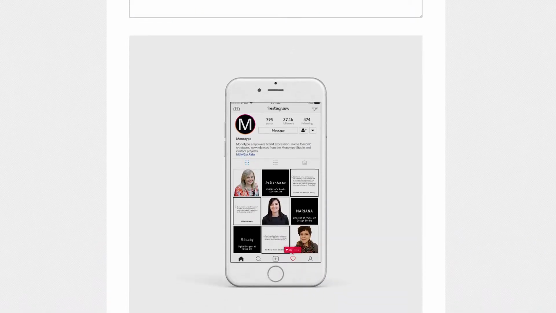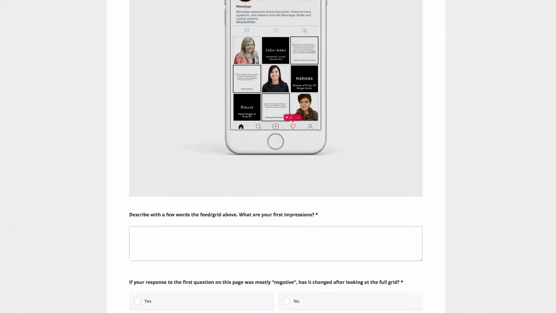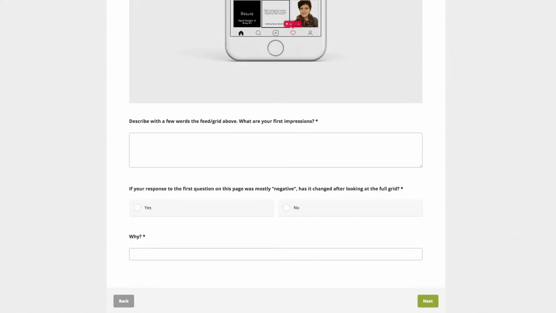This is to get an overview of how people have reacted to that initial contact with the content. After that, I have shown them the whole feed, the 9 images or the Instagram grid as a whole, to see if the impressions have changed.